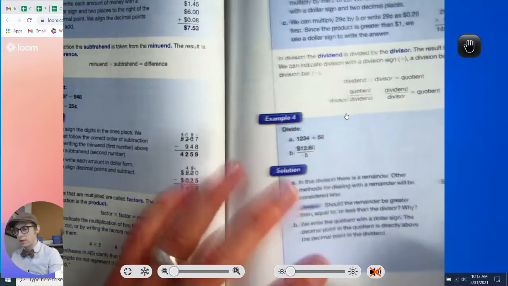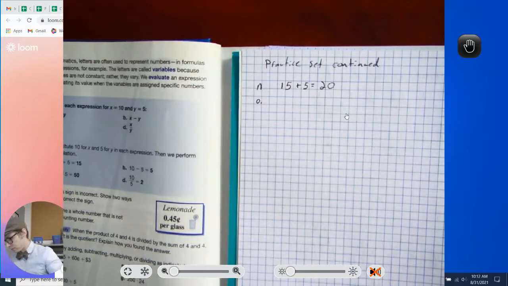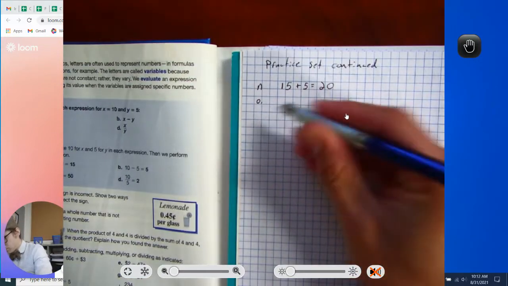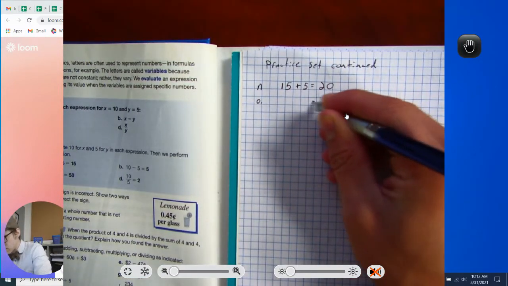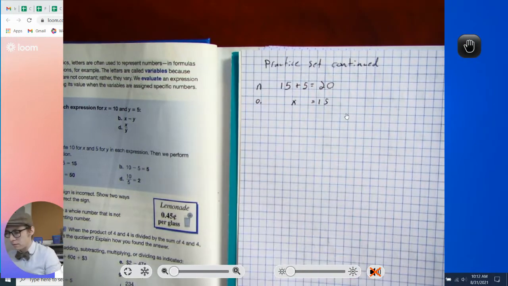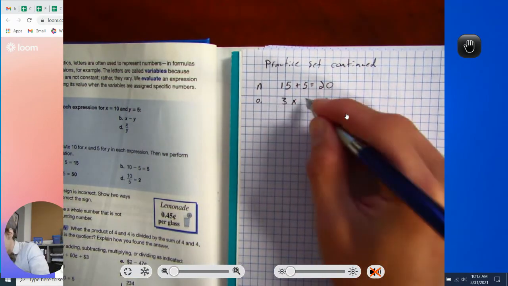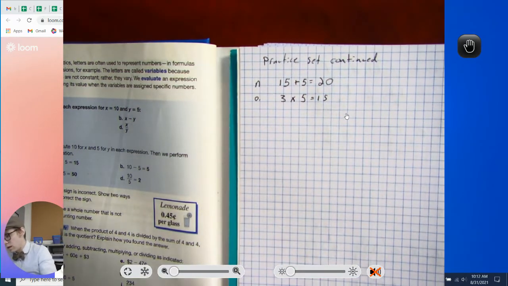So in this, 15 has to be the answer to two numbers multiplying together. So 15, two numbers multiplied together. Well, I happen to know that 3 times 5 is going to give me 15.